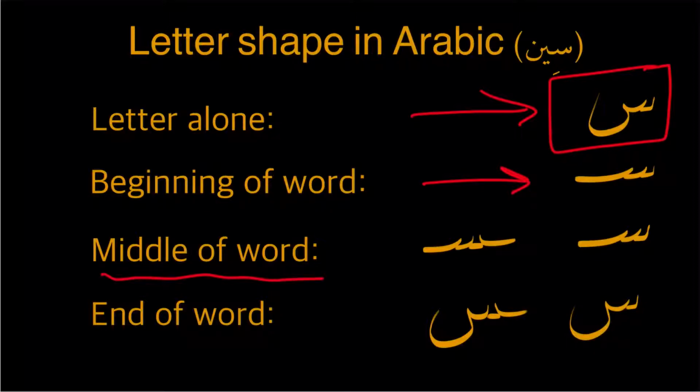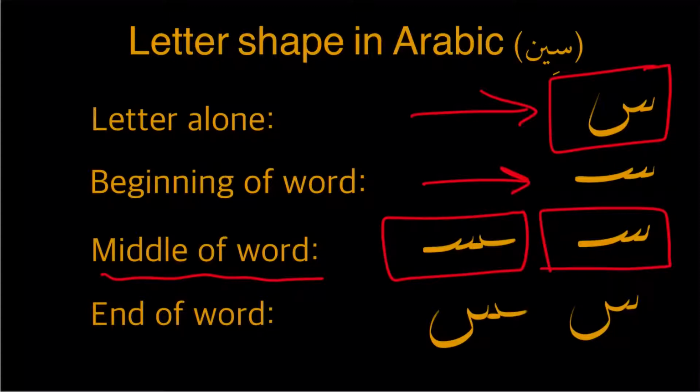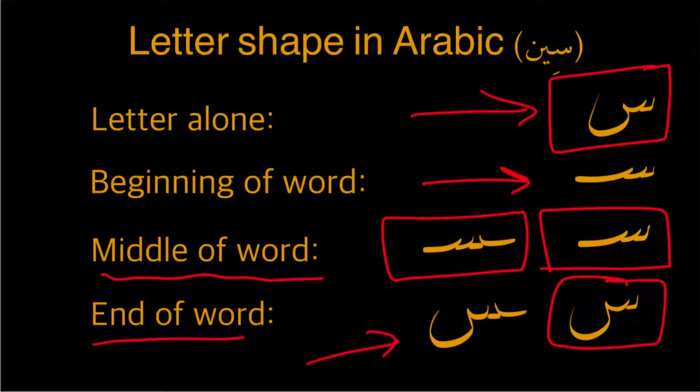In the middle of a word, it could look like this or like this. At the end of a word, it can be like this as if it is alone, or connected to a letter before.